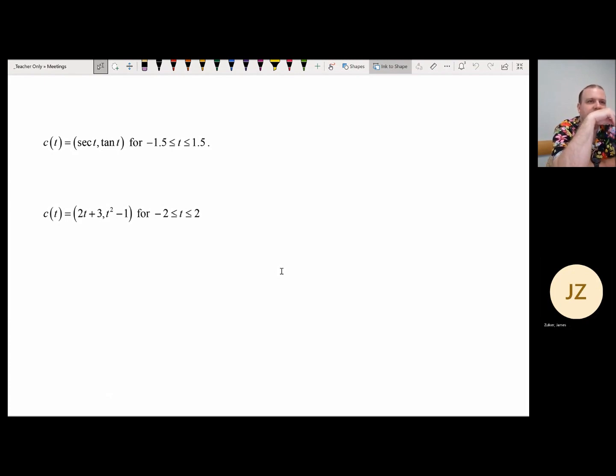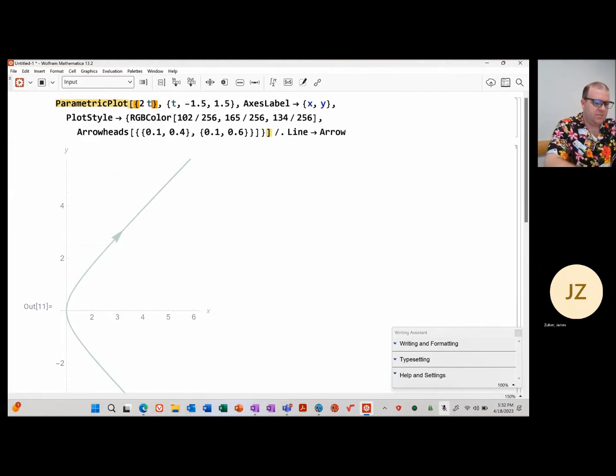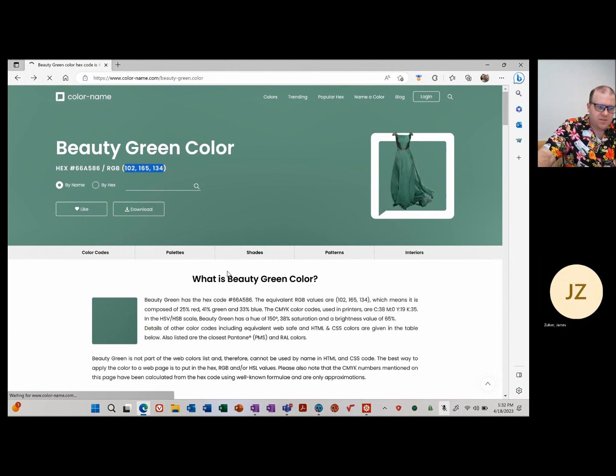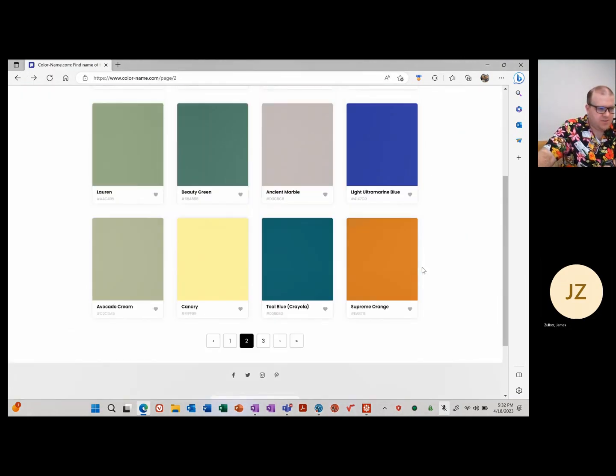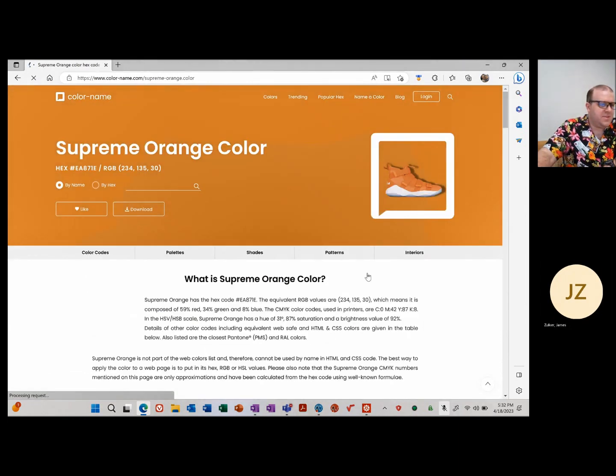T goes from -2 to +2. What color? Says supreme in it.